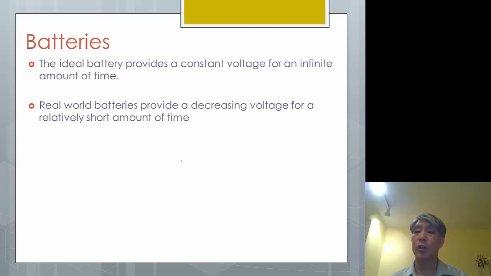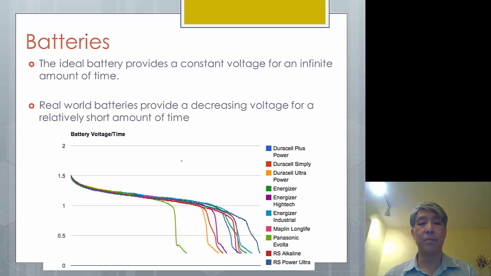Anybody who ever has to charge an iPhone or a cell phone, which is all of you, pretty much realizes that the batteries run out over time, and in a relatively short amount of time. This is the voltage over time curve for a bunch of batteries that are generally available in the public. As you can see, the voltage pretty much decreases over time. We'll look at this graph in a little more detail towards the end.